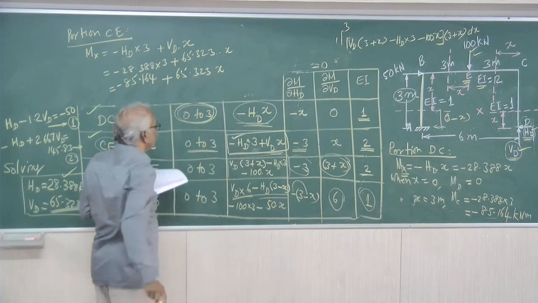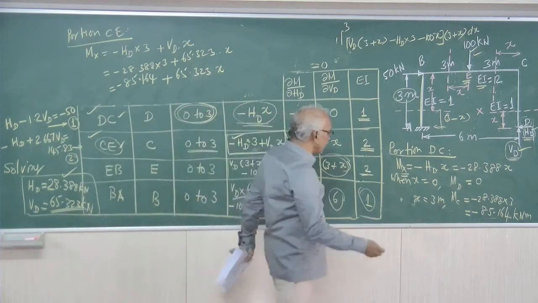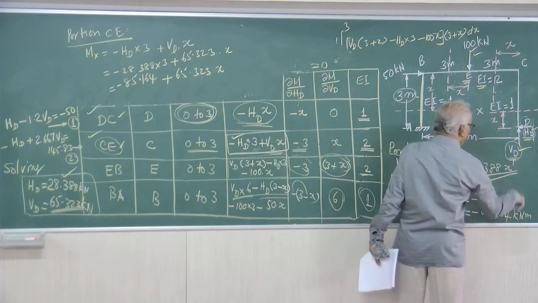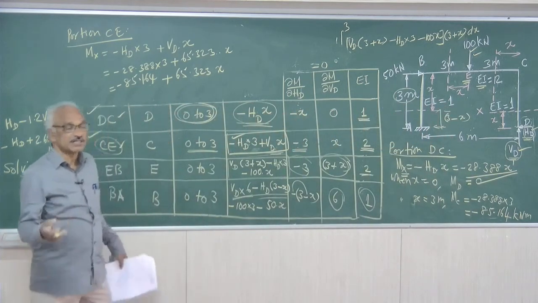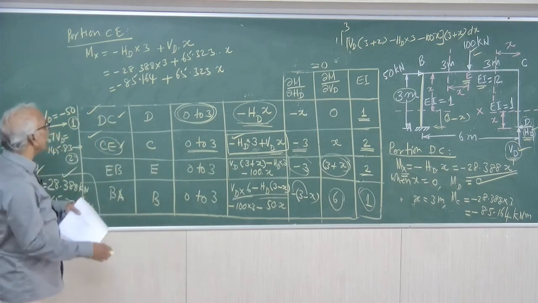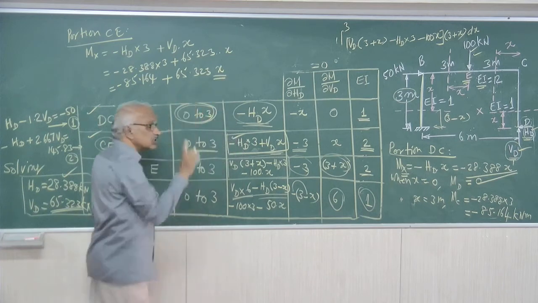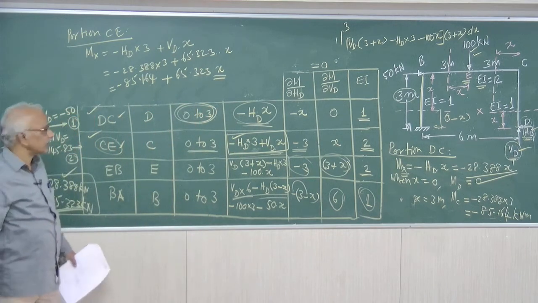Also, we have to note down the variation of the bending moment diagram, because here the governing equation is this. The power of x is 1. Therefore, the variation is linear. The variation of the bending moment diagram is linear. And here also the variable is x. The power of x is 1. So, here also the bending moment will have linear variation.